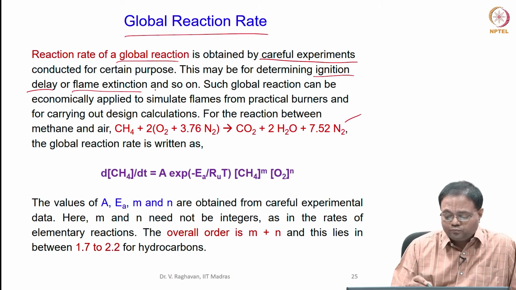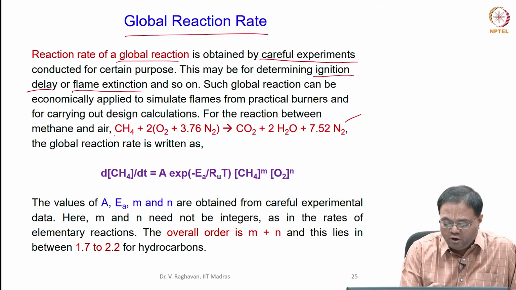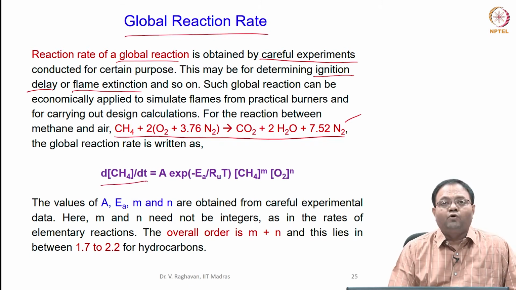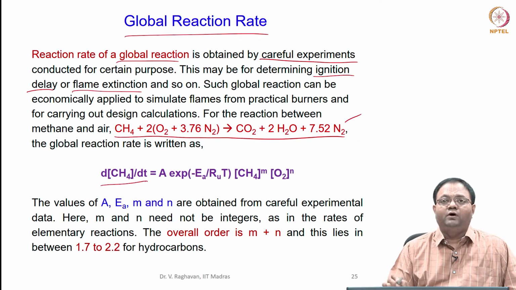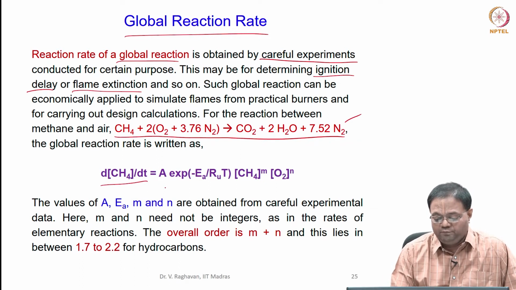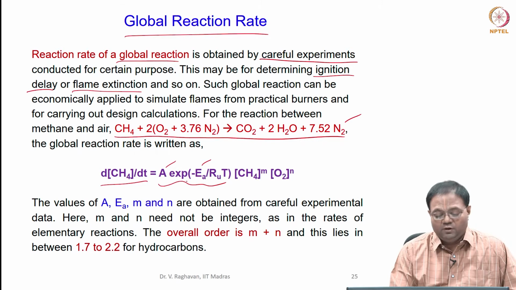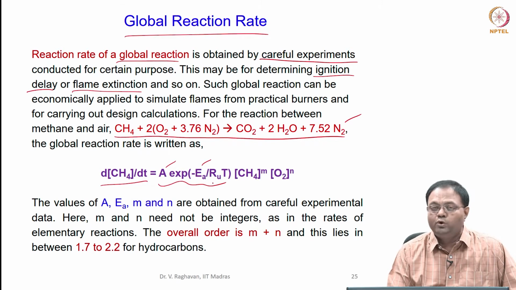Okay. So let us consider the reaction of methane and air. For this reaction, the rate of change of concentration of methane is given by the same type of Arrhenius rate coefficient, a pre-exponential factor and activation energy, so A times exponent of minus EA by RuT.